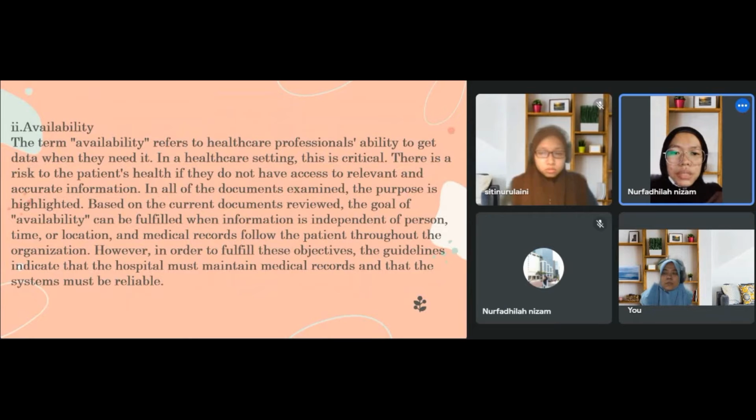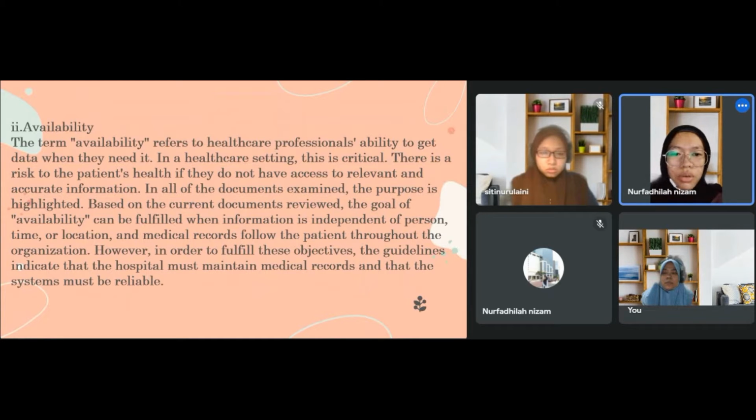Second, availability. The term availability refers to healthcare professionals' ability to get data when they need it. In a healthcare setting, this is critical. There is a risk to the patient's health if they do not have access to relevant and accurate information. In all of the documents examined, the purpose is highlighted, based on the current document review work.